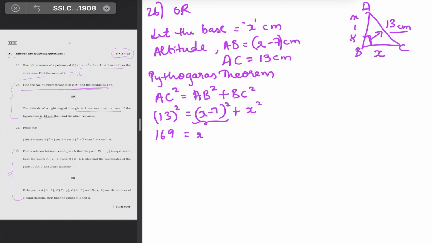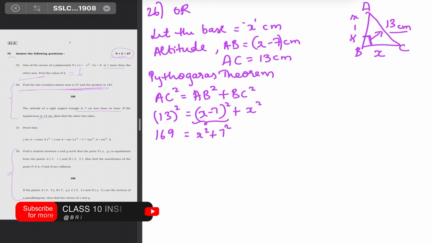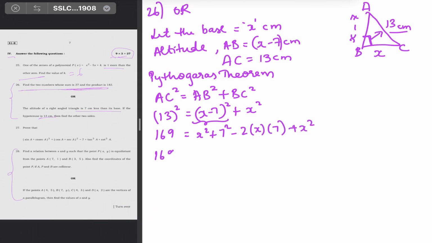Comparing this with a minus b whole square, we write it as a square plus b square minus 2ab, plus x square. 169 is equal to x square plus 49 minus 14x plus x square, that is 2x square minus 14x plus 49 is equal to 169.